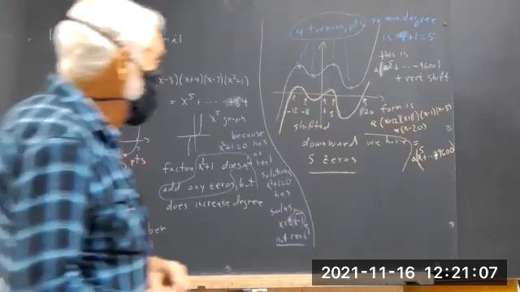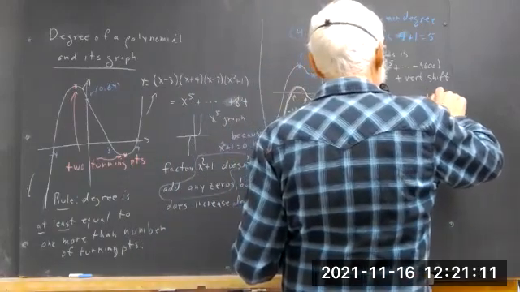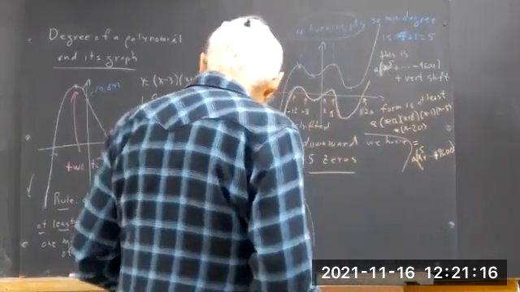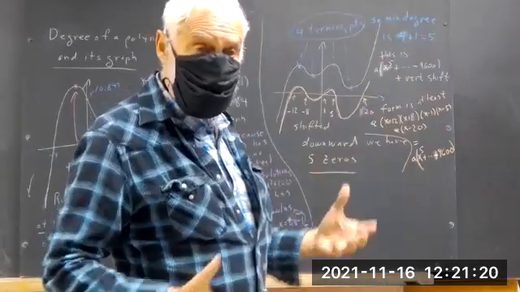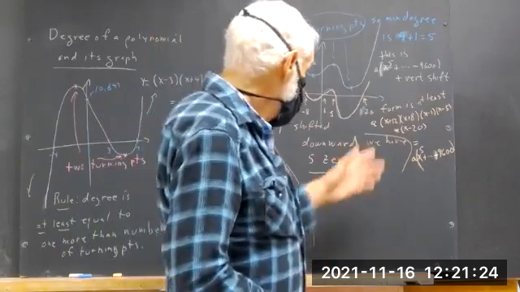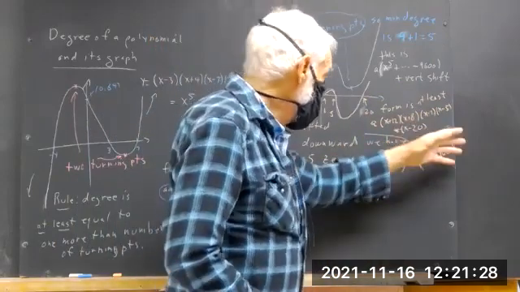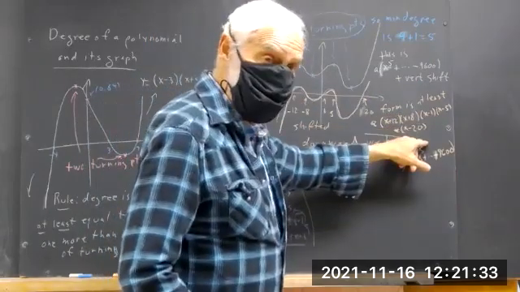Also, I say the form is at least this, meaning there could be other factors like an x squared plus 1 or some other quadratic that can't equal 0. So we don't know what else might be there, but we know we have to at least have these factors.